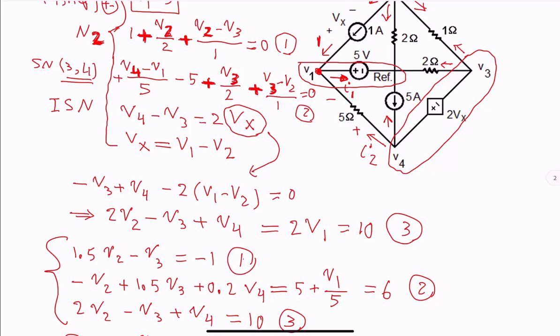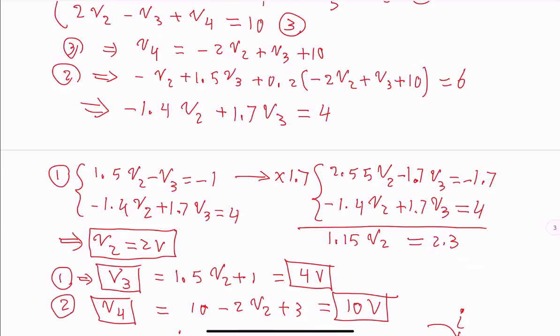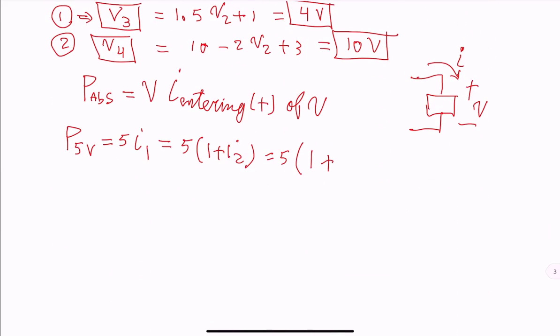I2 is going up in the 5 ohm resistor, so we need voltage divided by 5. Voltage positive on V4, negative on V1. So V4 minus V1 over 5.